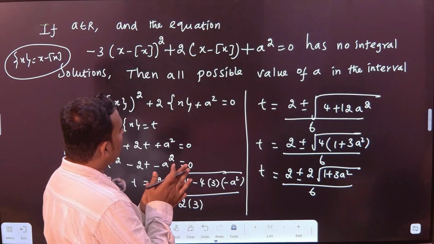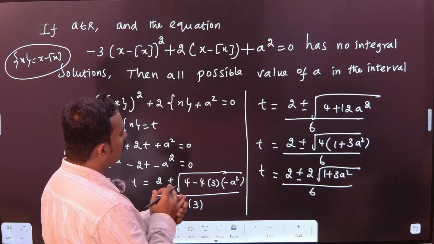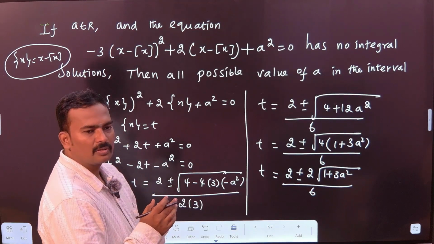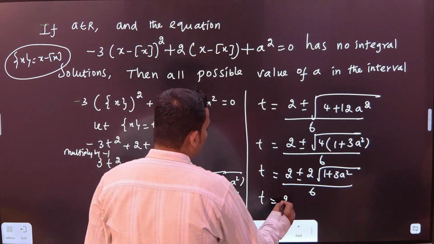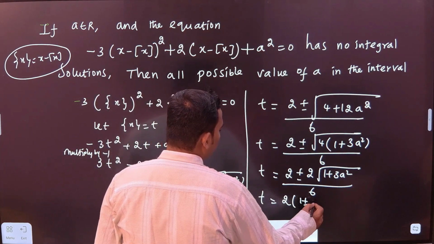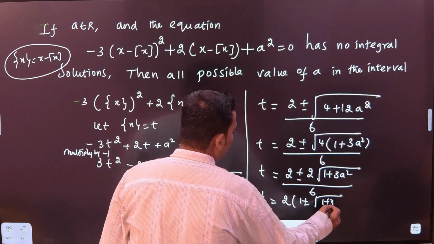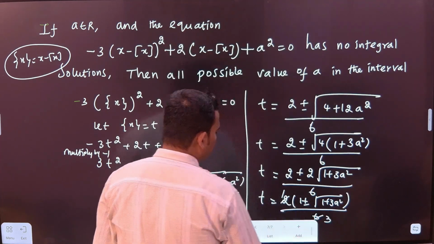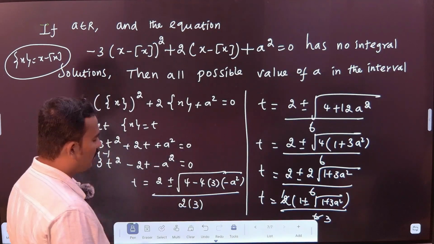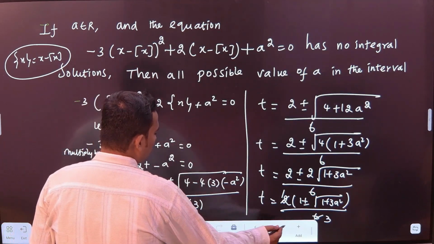Now what we can do here, you know the fractional part range is what? 0 to 1. Now you can take 2 common. What will we get? 1 plus or minus square root of 1 plus 3a square divided by 6, 1 times here, 3 times. So we'll take another page. Okay.